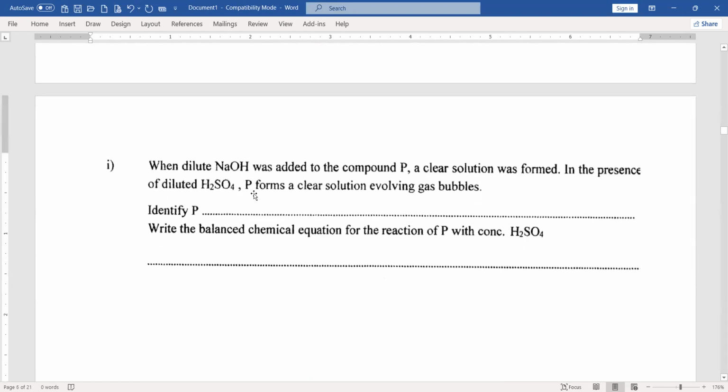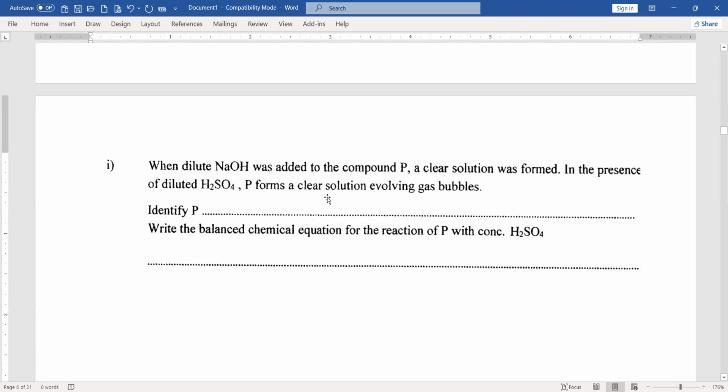What are the tests? First one, when dilute sodium hydroxide was added to the compound P, a clear solution was formed. In the presence of dilute sulfuric acid, P forms a clear solution evolving gas bubbles, which react with sodium hydroxide without giving a clear solution. That means no precipitates are formed.